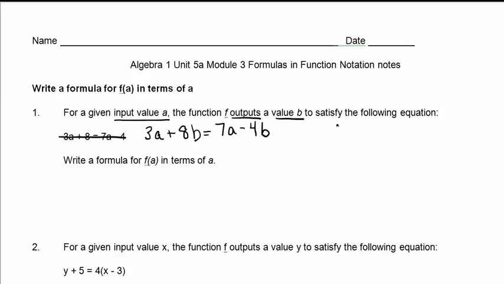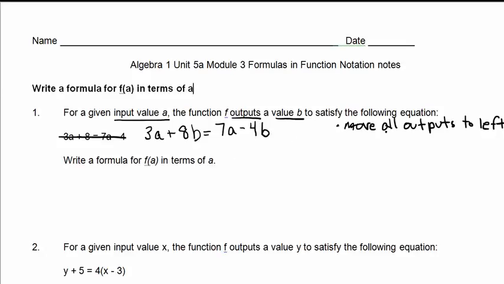The first thing we're going to do is make sure that our output values, whatever our output value is, if it's b, we're going to move all of the b's to the left side of the equation. So we're going to move all output to the left side.